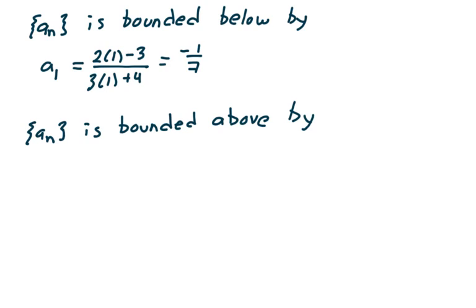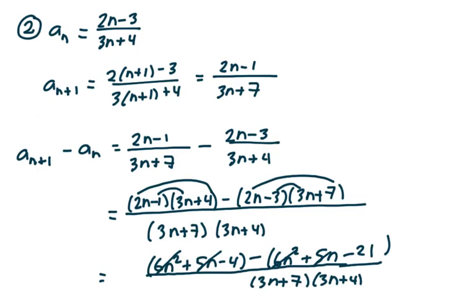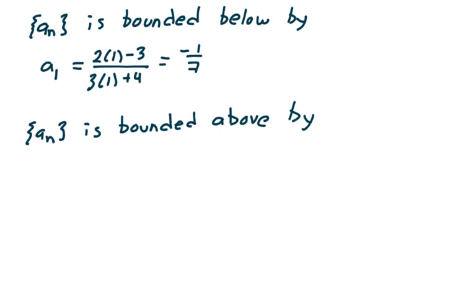there's lots of choices. If you look here, 3n plus 4 is bigger than 2n minus 3 for n greater than or equal to 1. The denominator is bigger than the numerator. And so we can actually say that this sequence is bounded above by, doesn't matter, I'll even say 2. It can't get bigger than 2.